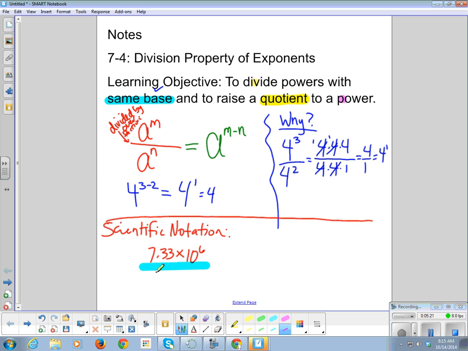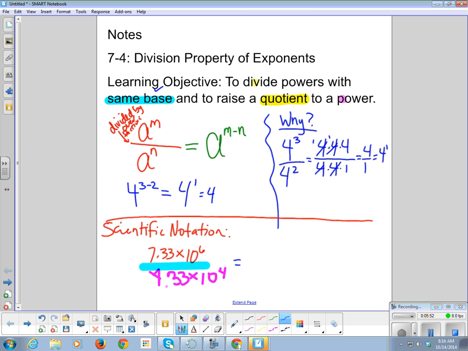All right, so 7.33 times 10 to the 6, we're going to divide that by 4.33 times 10 to the 4. And what we're going to do is group these together.